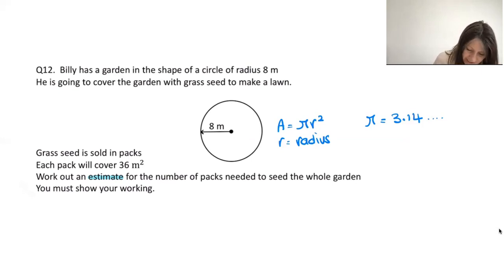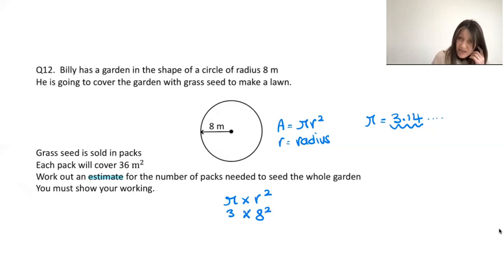Okay, so the area is pi r squared. That means pi times r squared. Now my radius is 8, so that's 8 squared. Pi, I'm going to just get on and round because it's 3.14, so it's a horrible number. So we're going to go straight in there with the 3. So that's giving me 3 times 8 squared.